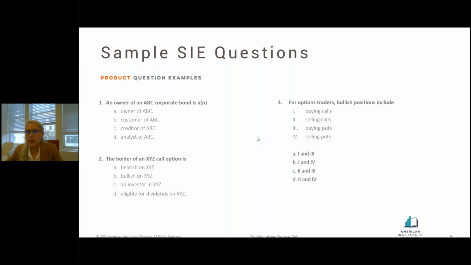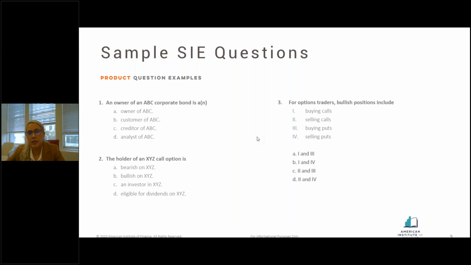So let's look at it. Owner of ABC: as a corporate bond is a debt type of security, I would eliminate this answer because an owner would be a common shareholder. A customer of ABC, I would also eliminate, because it's a corporate bond, a debt type of security. It's nothing related to being a customer.